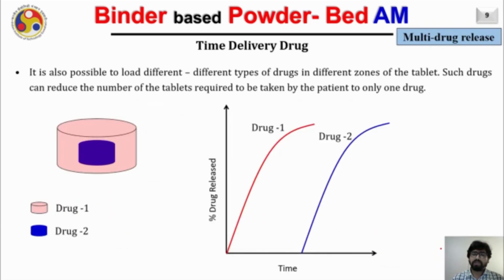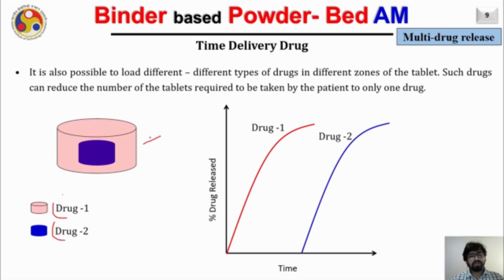Another type of drug we can produce by binder based powder bed additive manufacturing is multi-drug release. Like you are seeing here, we have drug 1, shown in the pink color, and drug 2, shown in the blue color. It is possible to load different types of drugs in different zones of the tablet, and such tablets can reduce the number of tablets required to be taken by the patient to only one, that is, in a single dose.